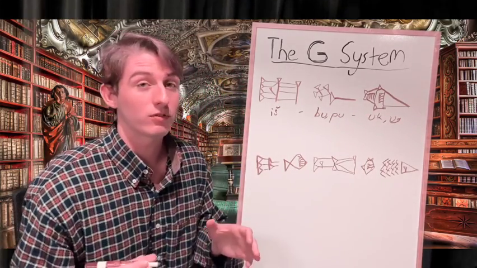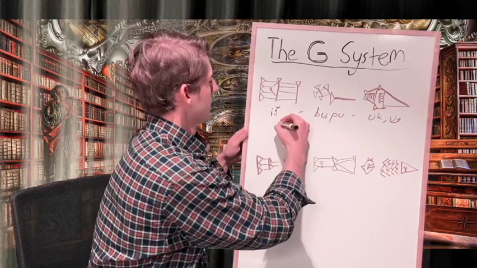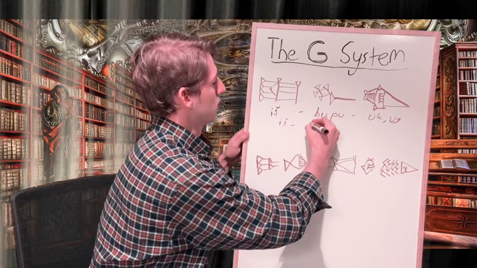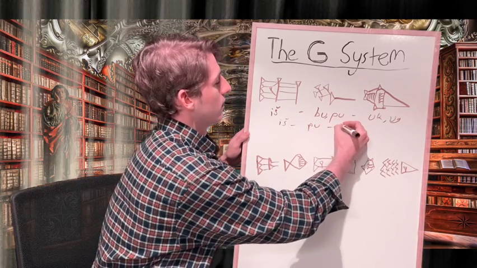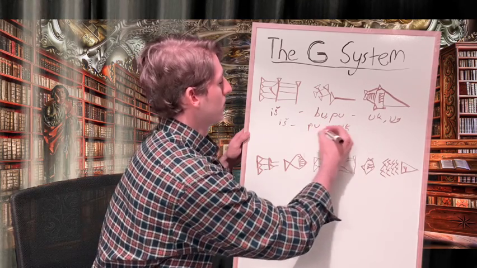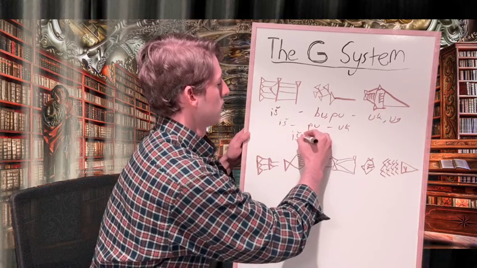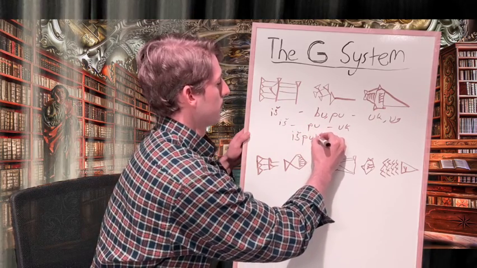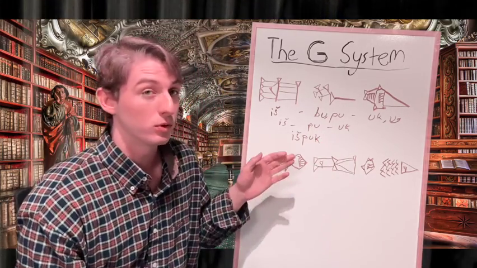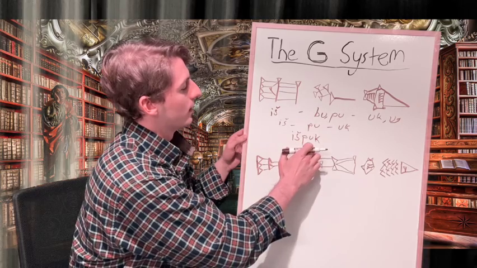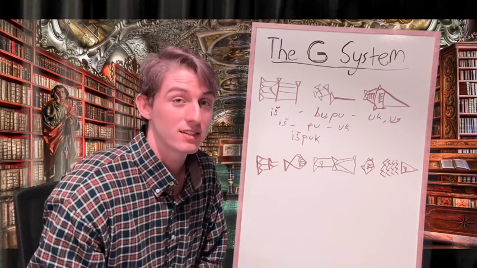Now we're going to select for our transliteration ish, pu, and uk, which we're going to normalize to ish, puk.